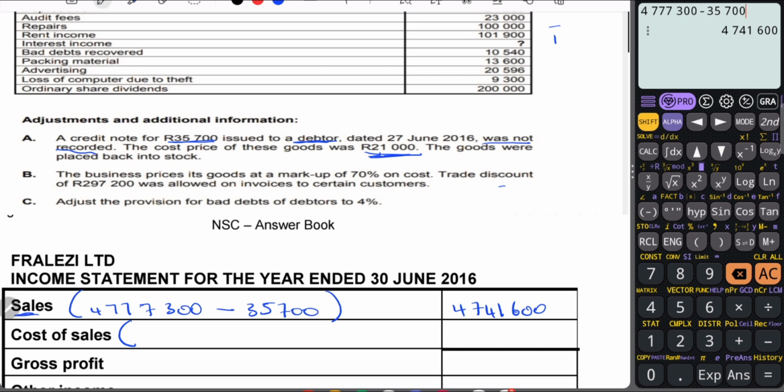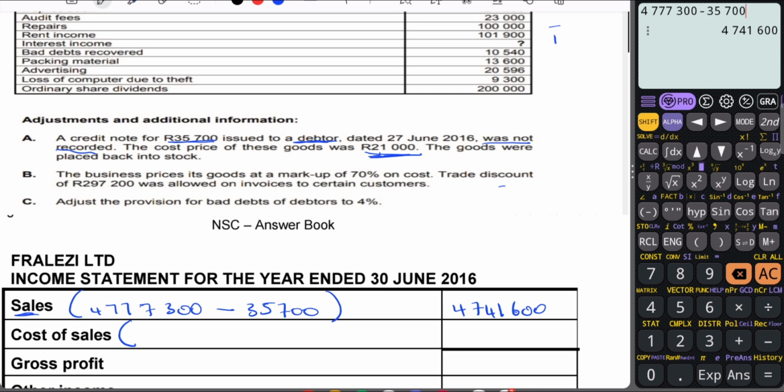So here we want to check the sales before giving them the trade discount. Why are we doing that, guys? It's because even if we give them this trade discount, we are going to incur the cost. So that's why we first want to check the sales before giving them the trade discount.